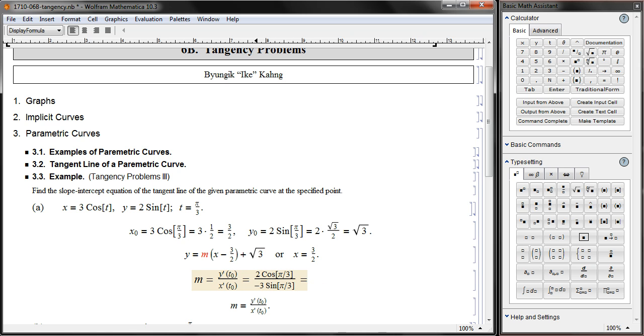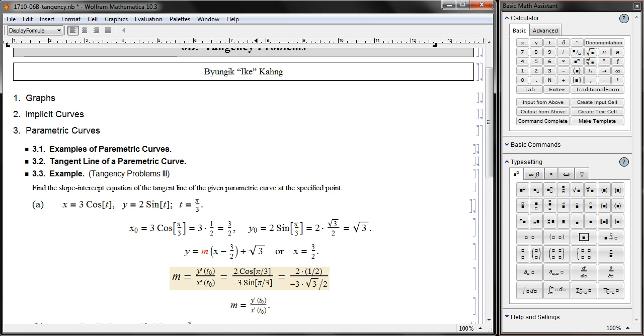Okay, let's complete this computation. What is cosine of pi over 3? It's 1/2. What is sine of pi over 3? It's square root of 3 over 2.